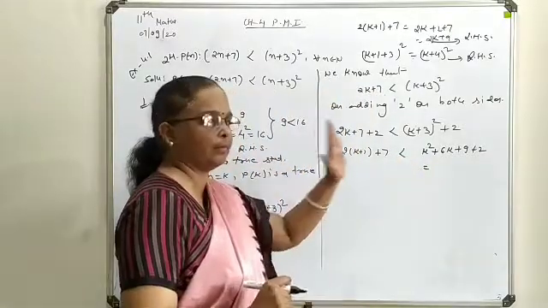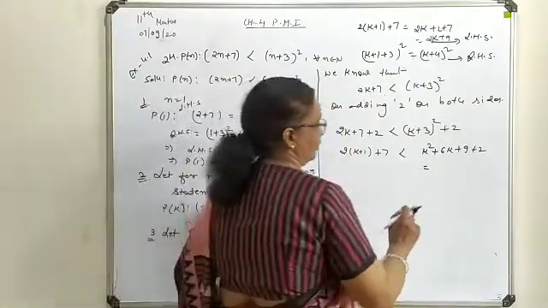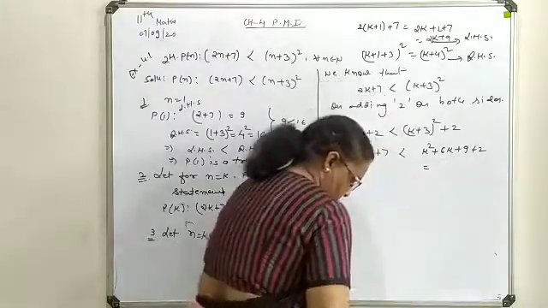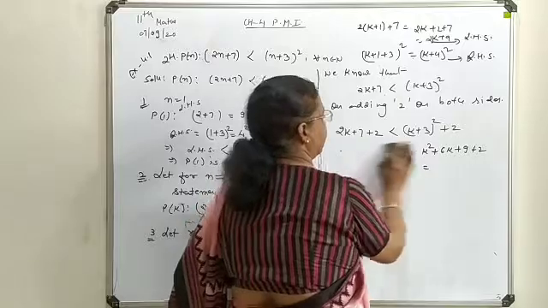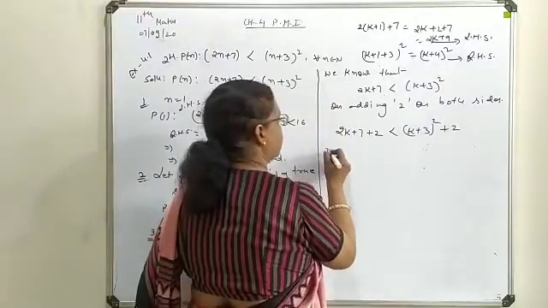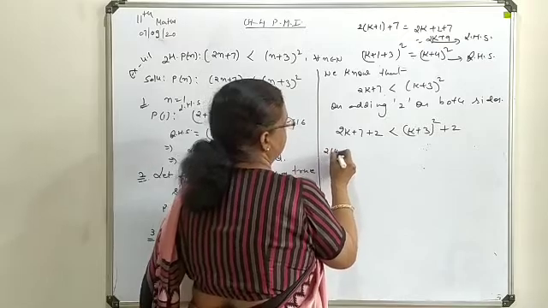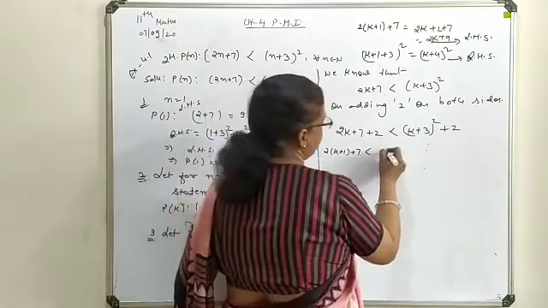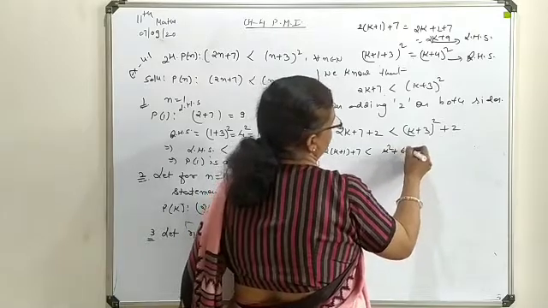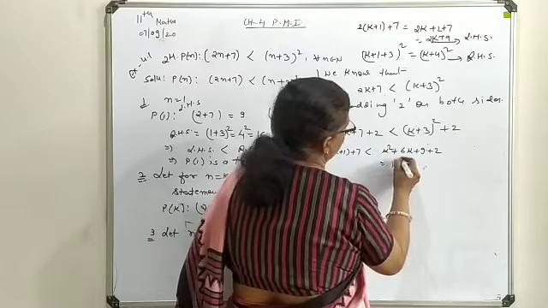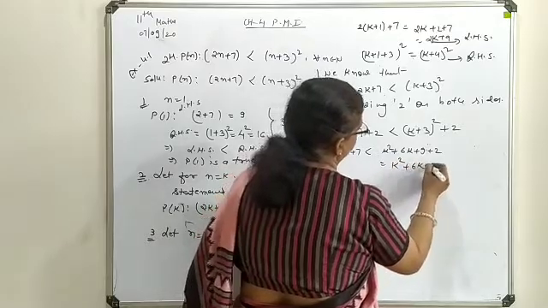So slightly inside we will solve it. Here it is 2k plus 1 plus 7 less than k square plus 6k plus 9 plus 2, which means k square plus 6k plus 11.